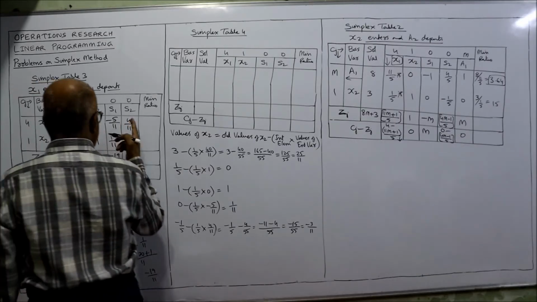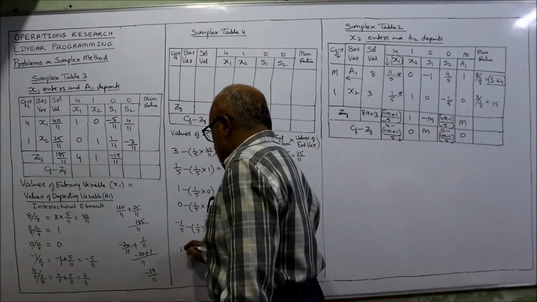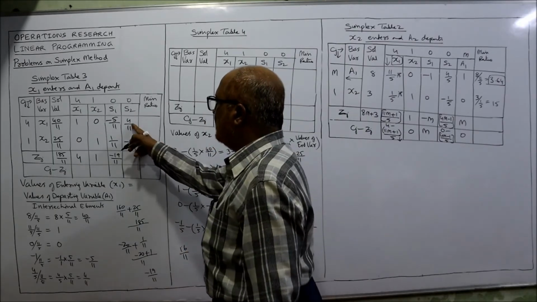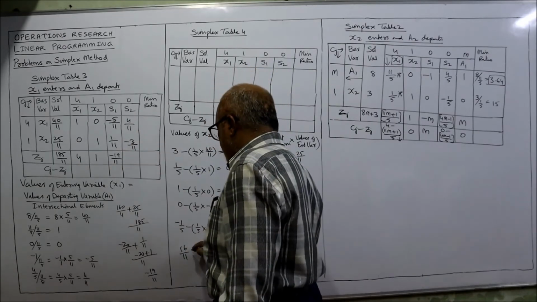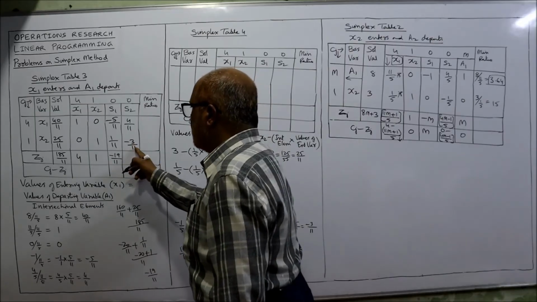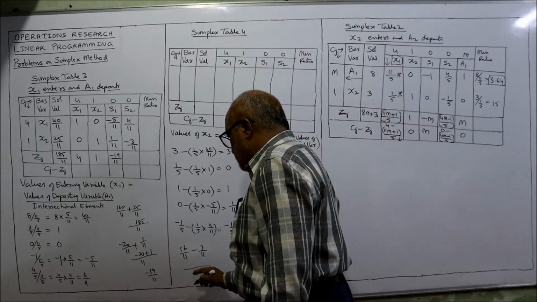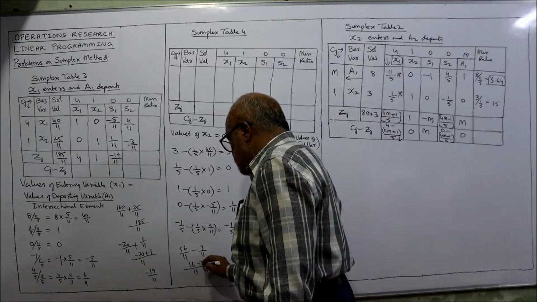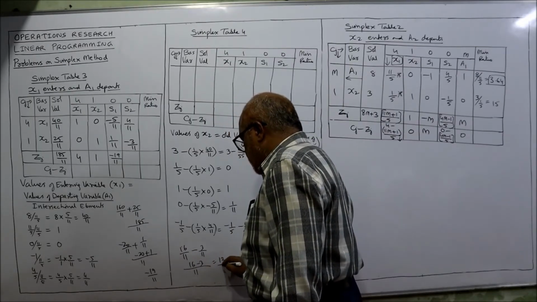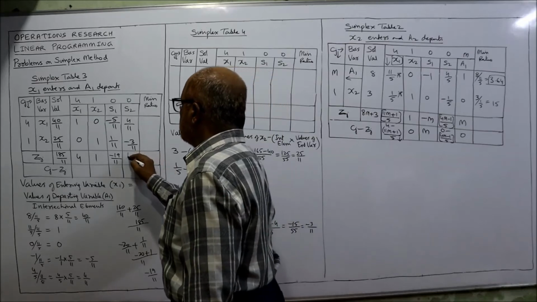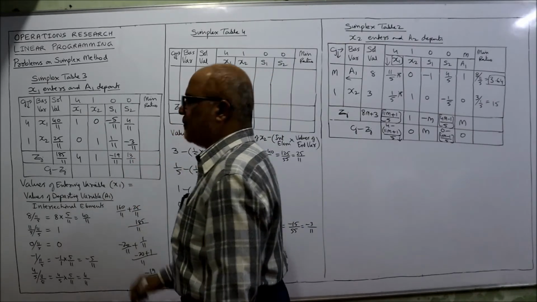Here 4 4s are 16 by 11. Plus into minus will be minus. 1 into 3 by 11. So 3 by 11. So LCM is 11. So 16 minus 3, that is equal to 13 by 11. So here comes 13 by 11.